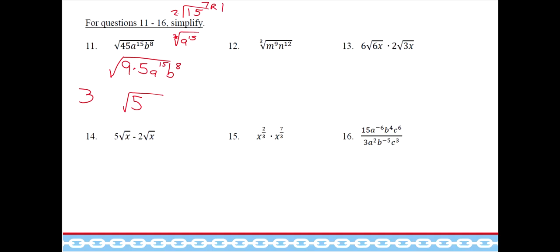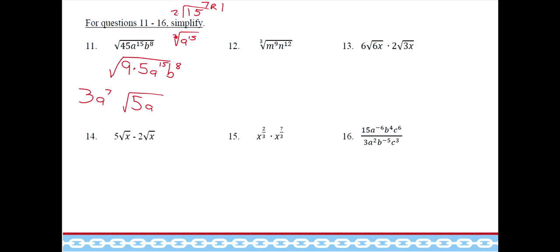The 7 is the exponent for a after you take the square root of it. So the square root of a to the 15th is a to the 7th, and then that remainder is going to go under the radical. So a to the first is going to stay under. We don't typically write exponents of 1, so I don't really need that exponent there.